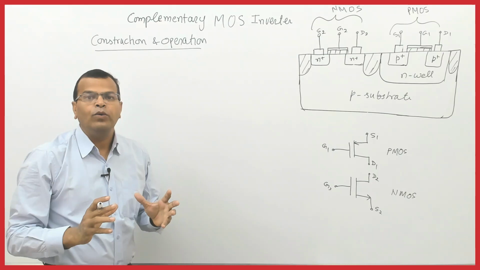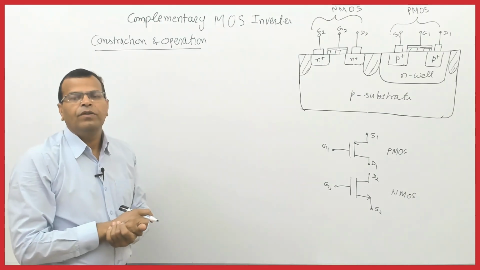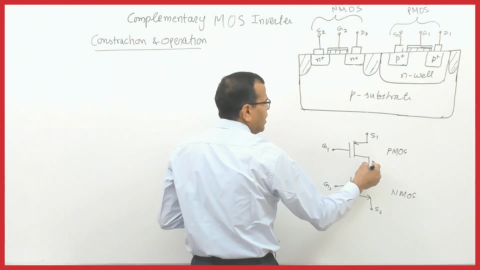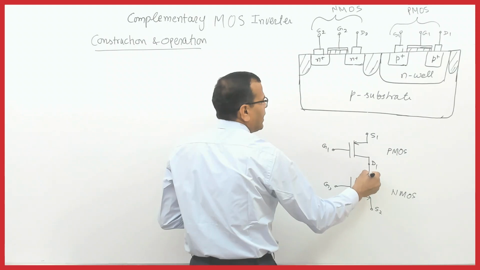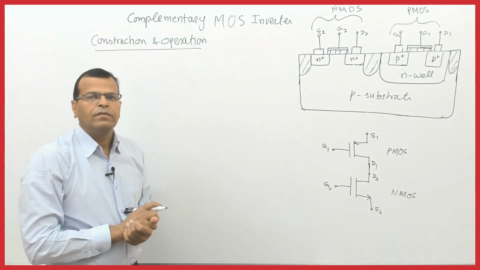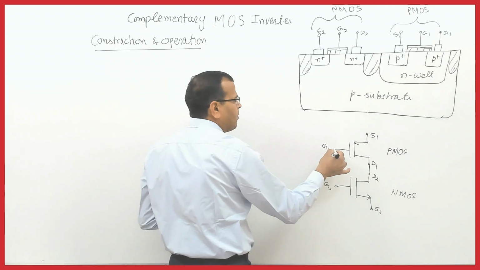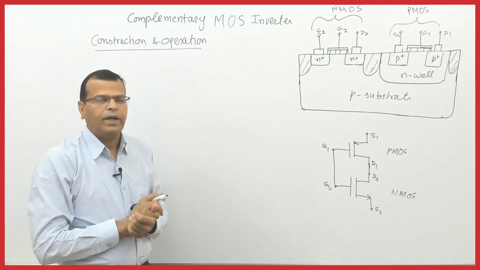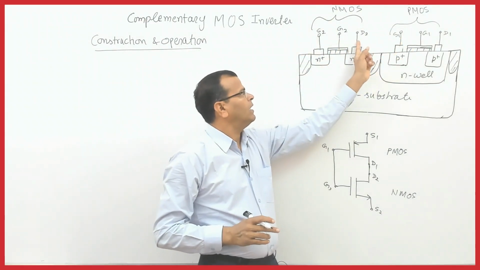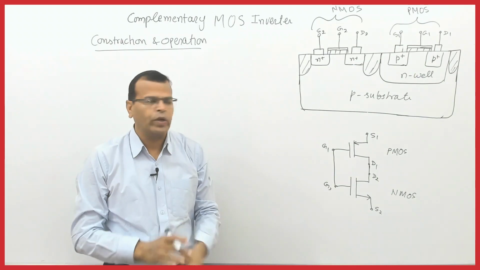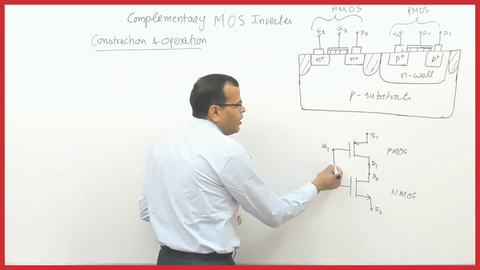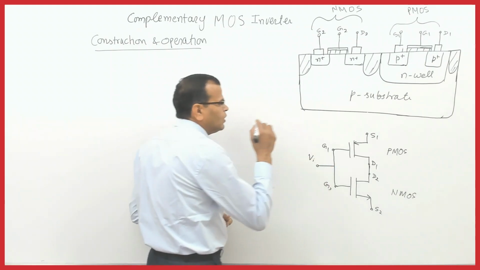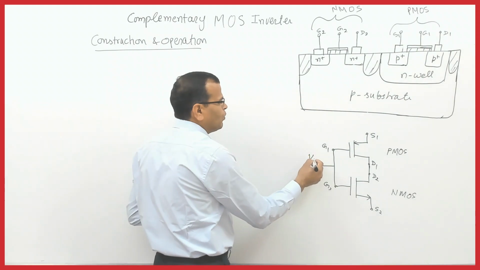Now let us see how to make the connections of the CMOS inverter circuit. In the CMOS inverter circuit, the drain terminals are connected together, and the gate terminals are also connected together. We give the input to the inverter at the gate terminals, and that is Vi, the input voltage.